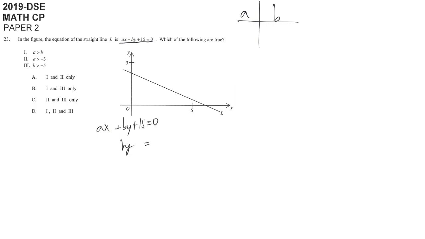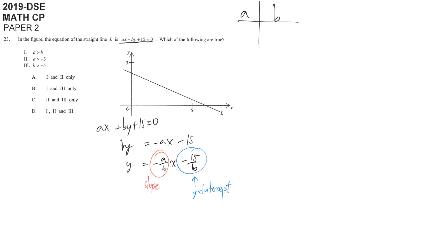Make y the subject. And then afterward, we know that the slope is this one, and also the y-intercept, in terms of A and B.